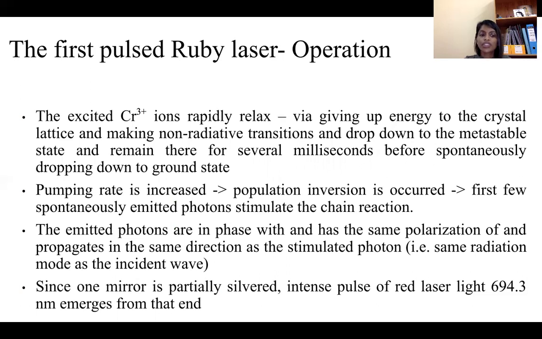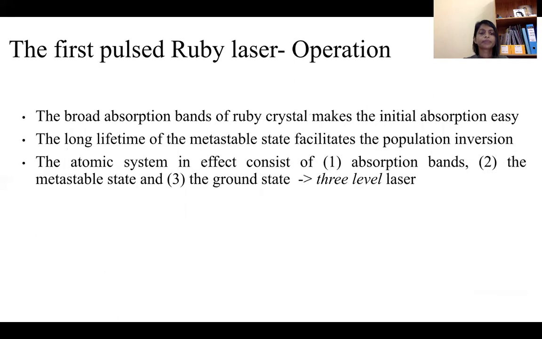So this radiation has the same radiation mode as the incident wave. Since one mirror is partially silvered, an intense pulse of red laser light of wavelength 694.3 nanometers will emerge from that end.